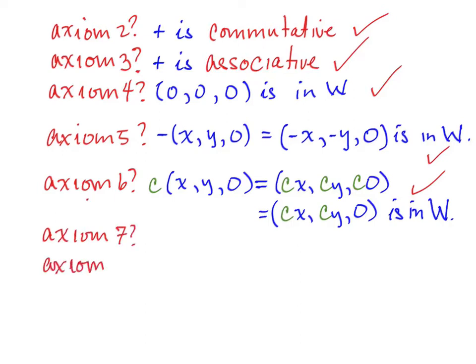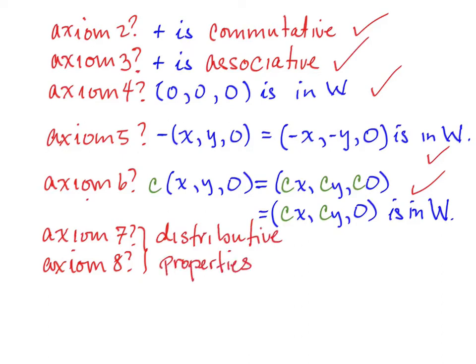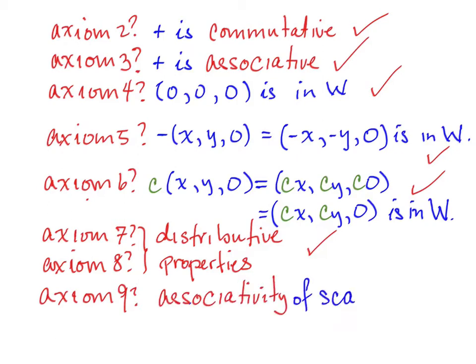It's closed under scalar multiplication. And the seventh and eighth axioms are the two distributive properties. These we just get for free from the vector space V. We're not changing the addition or scalar multiplication operations at all. So we get a lot of these properties for free. The ninth axiom is another one we get for free because of the associativity property of scalar multiplication. That's not going to change if we just use vectors in a smaller subset. That's just a property of the operation that we are using.